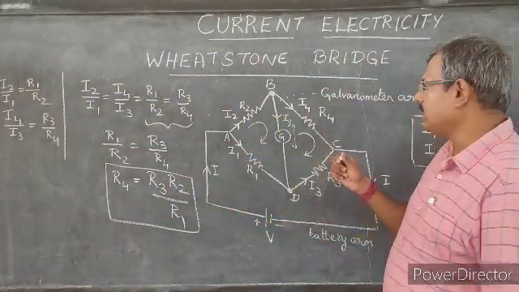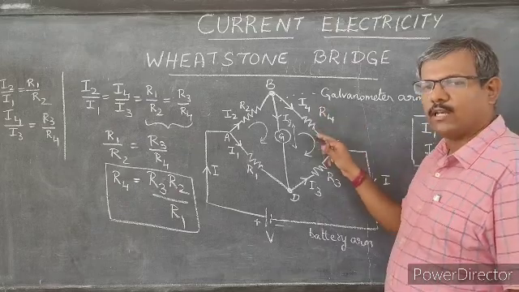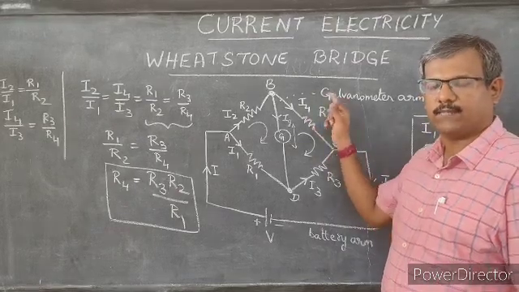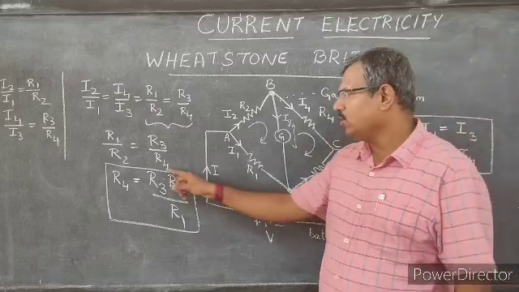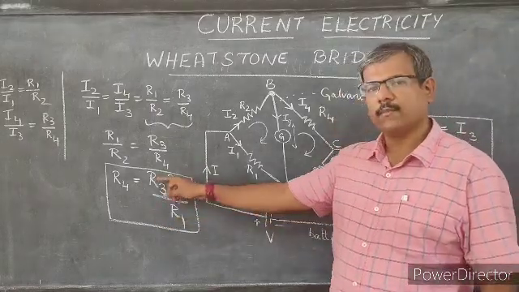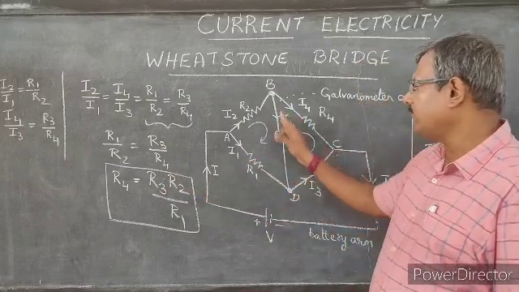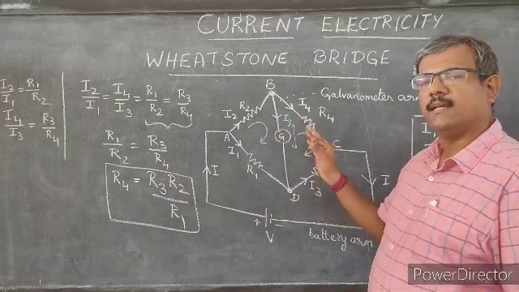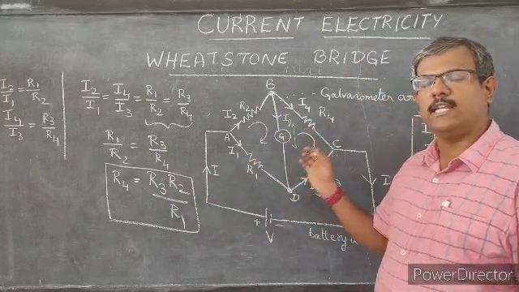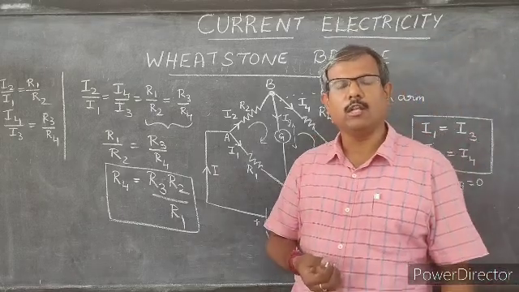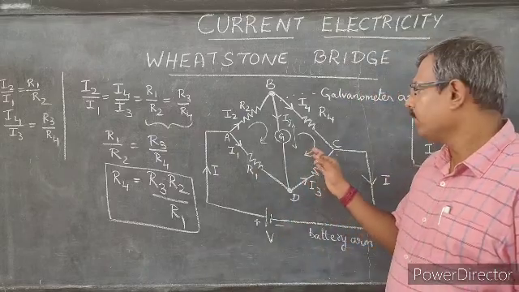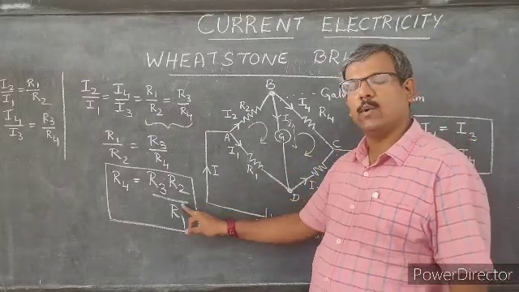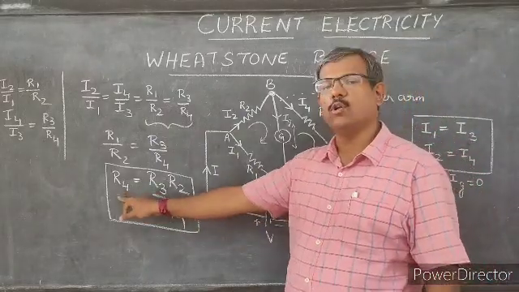You will discover that if R4 is an unknown resistance, then I can use this equation, assuming that I have made the Wheatstone condition, or what we can also call the balance condition, to be true, to find out the unknown resistance.